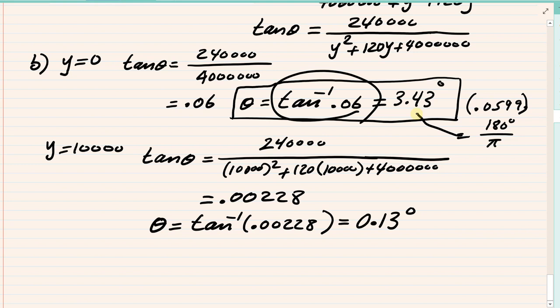Same thing with this one. Let me put down what I got here first, 0.13. If you do it on your calculator, make sure you are in radian mode again.